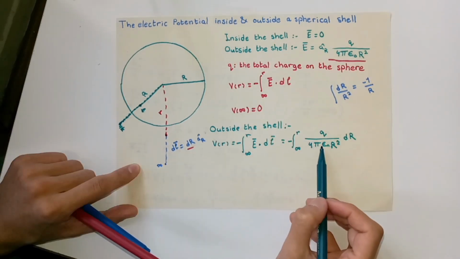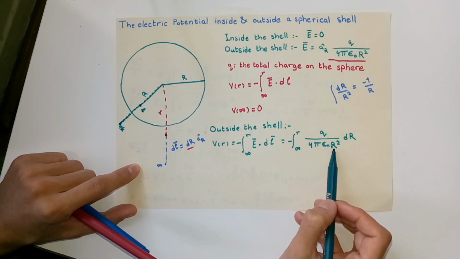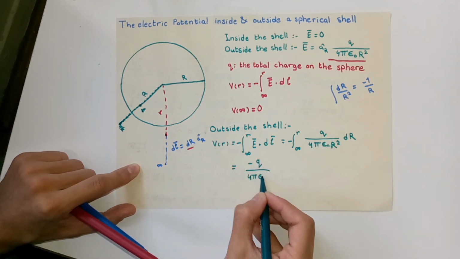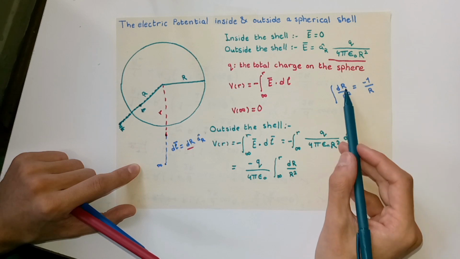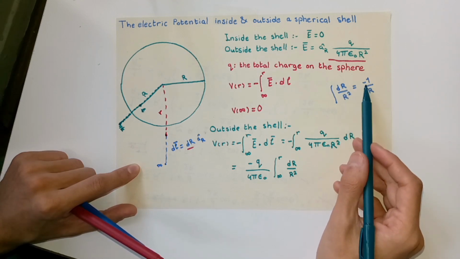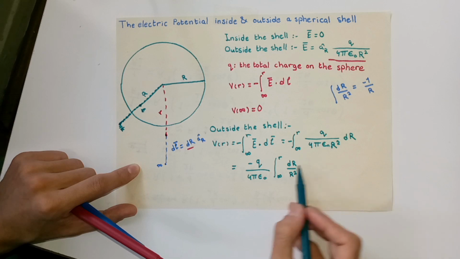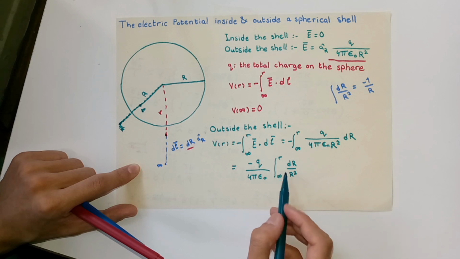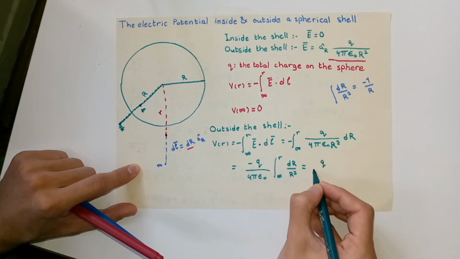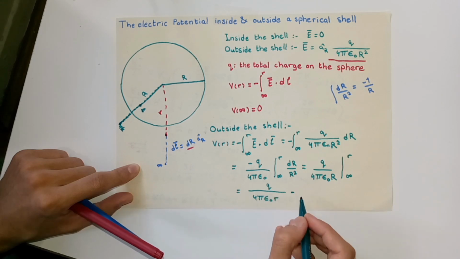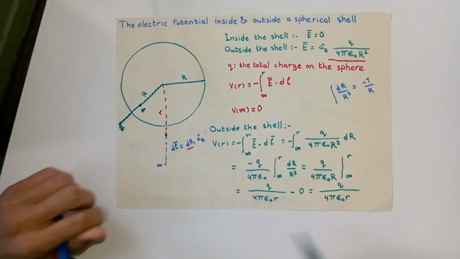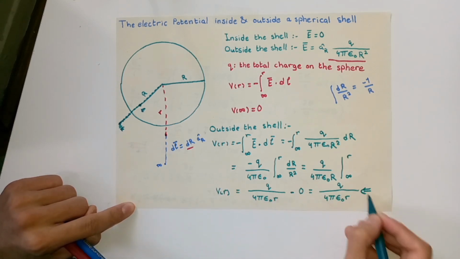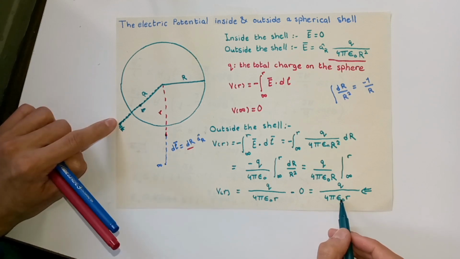And as we see, all parameters inside this integration except for r squared are constants, so I'm going to take them out of the integration. Now we know that the integration of 1 over r squared is minus 1 over r, and then after taking the integration, I'm going to substitute these two limits of the integration. And now as we see, this is the electric potential. This equation is the electric potential outside the spherical shell.